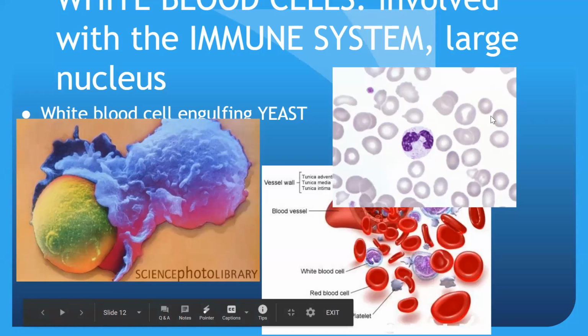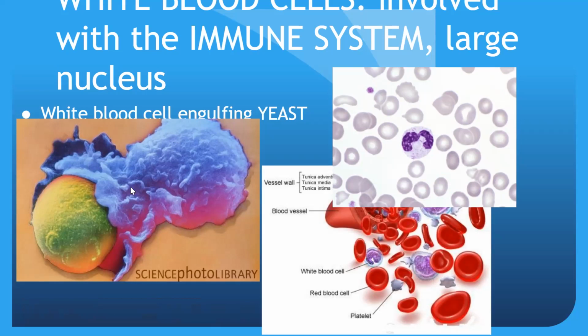So white blood cells help us to fight infection. They have cilia, which are these little hair-like structures that help them move. This is a picture of a white blood cell actually engulfing yeast. This process is actually called endocytosis.